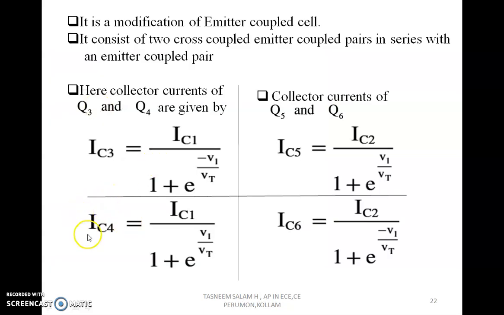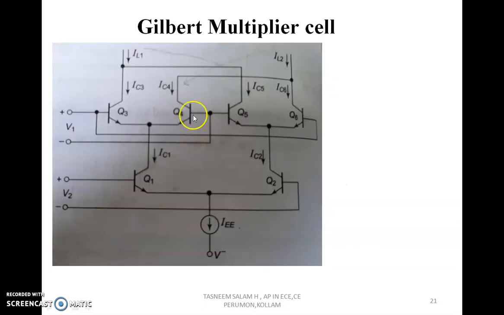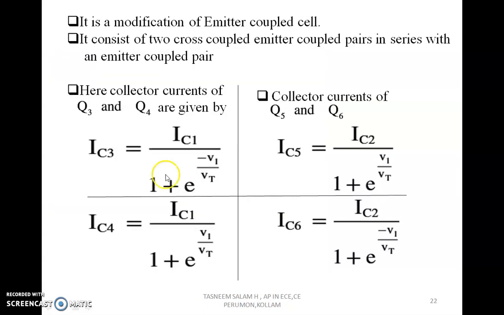And IC4, the current over here, is equal to IC1 divided by 1 plus e raised to plus V1 by Vt. Likewise IC5 and IC6, that is the collector currents of Q5 and Q6. So we have got the collector currents of all the transistors, Q3, Q4, Q5 and Q6.